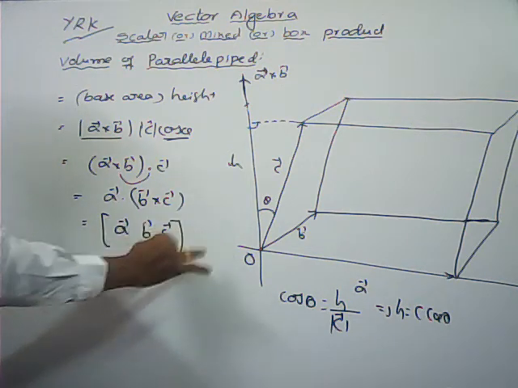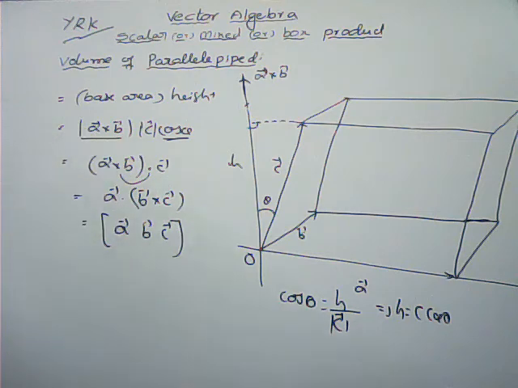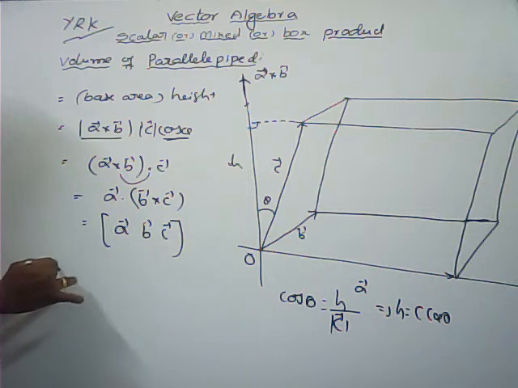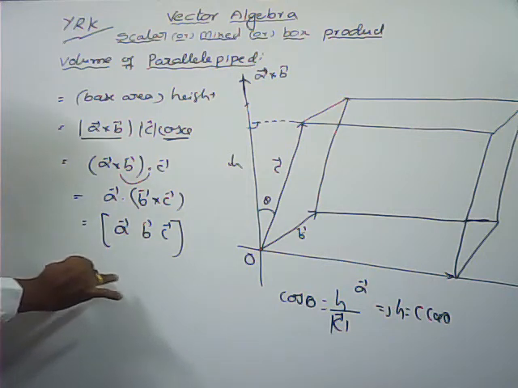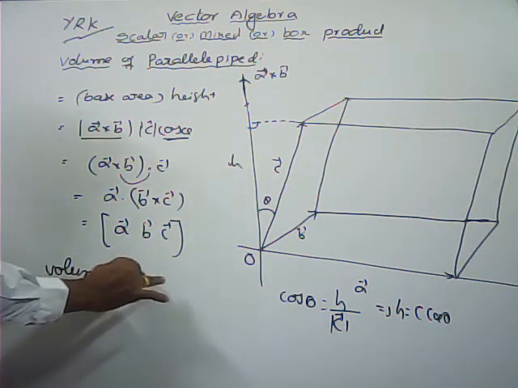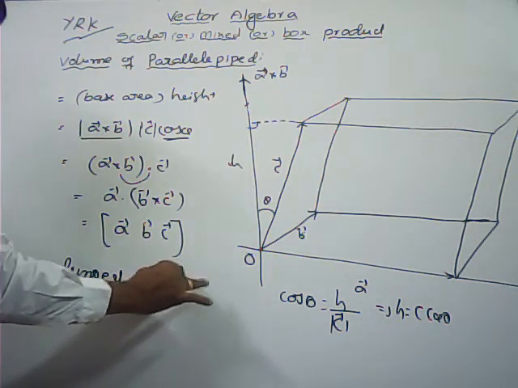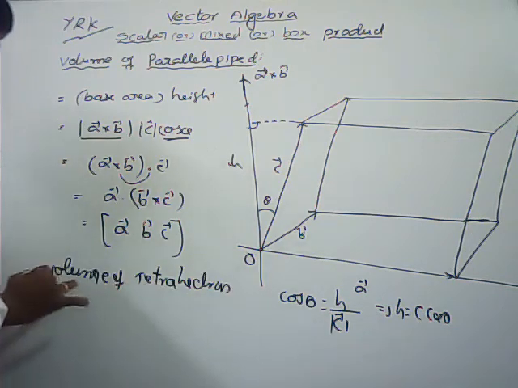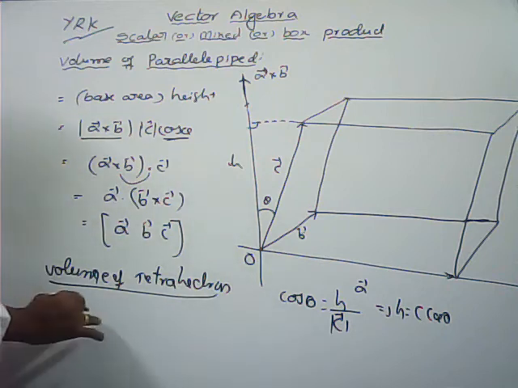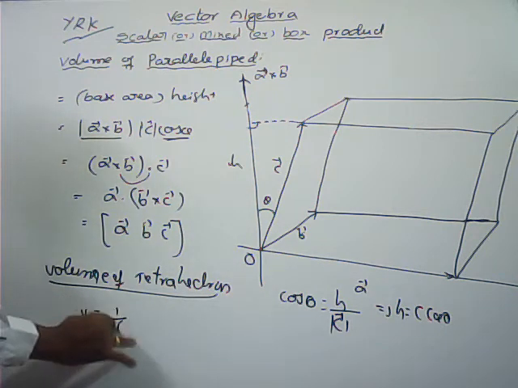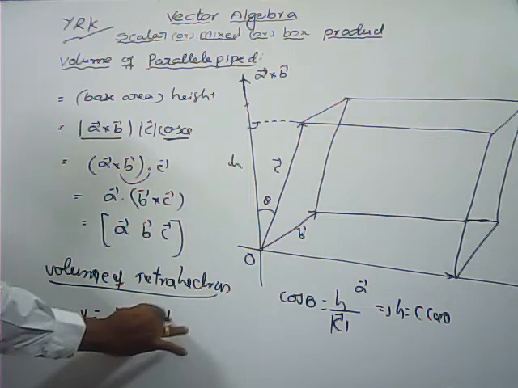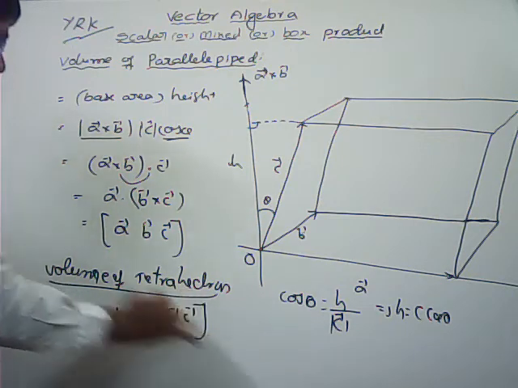So volume of the parallelepiped is equal to box ABC. Here only I am saying volume of tetrahedron. Volume of tetrahedron is equal to 1/6 of box ABC.